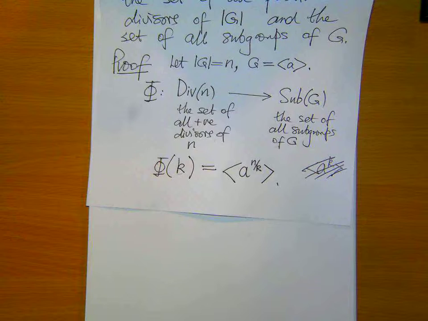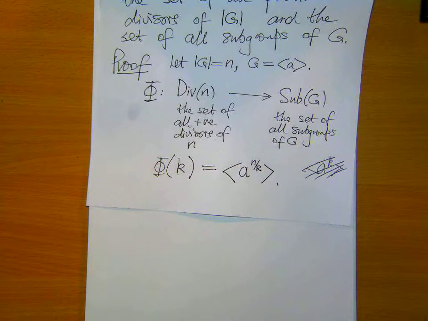So we've got a function from the set of all positive divisors of n. So say n was 24, then this set would be 1, 2, 3, 4, 6, 8, 12 and 24. So that's a number theoretic object, just looking at divisors of n. This is all the subgroups of G in a bag.